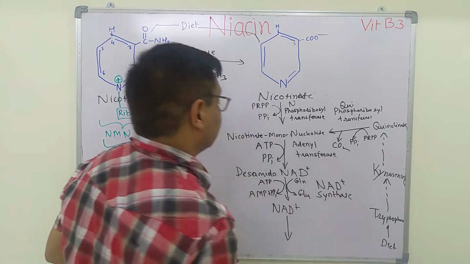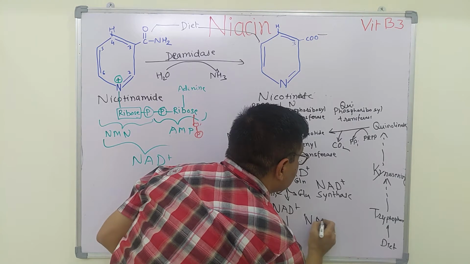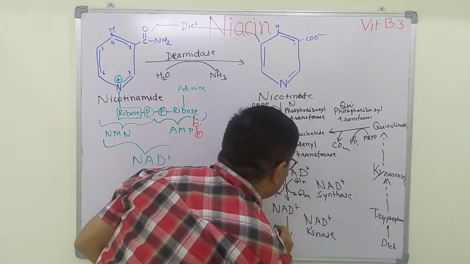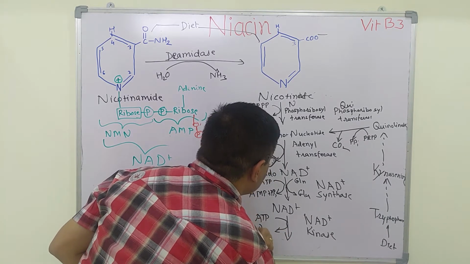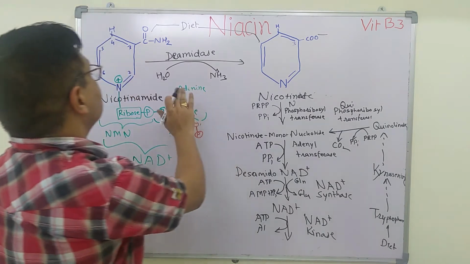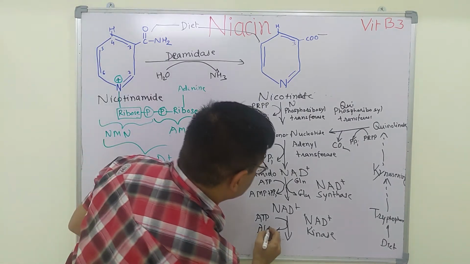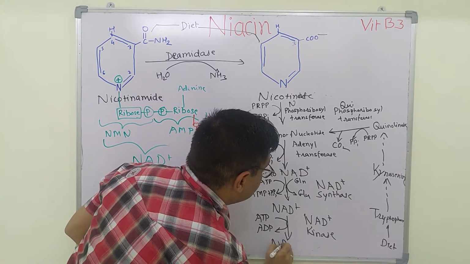This NAD plus, by the action of NAD kinase, is phosphorylated at the 2' position of ribose of AMP to form NADP.